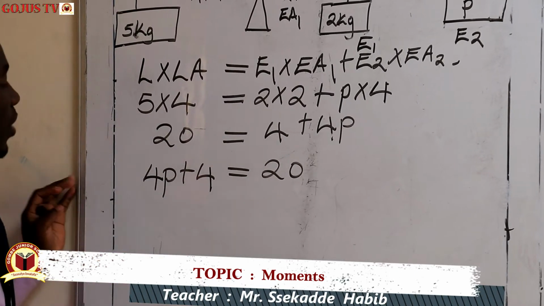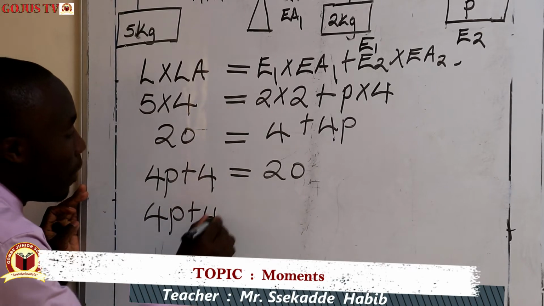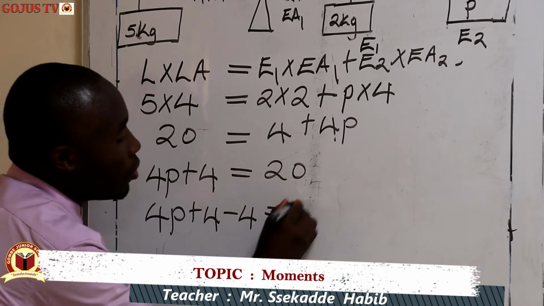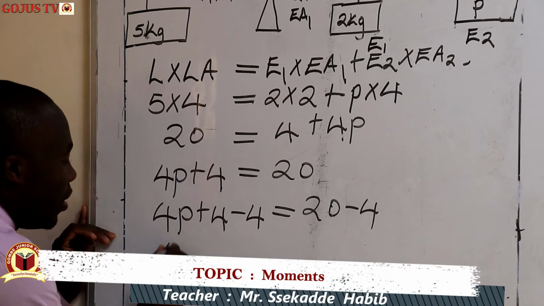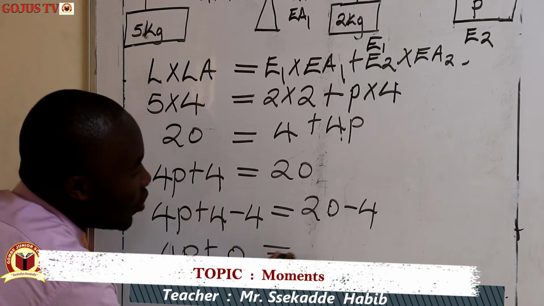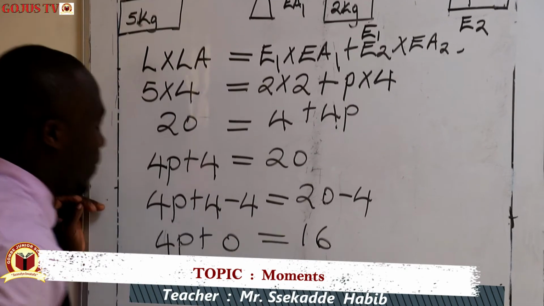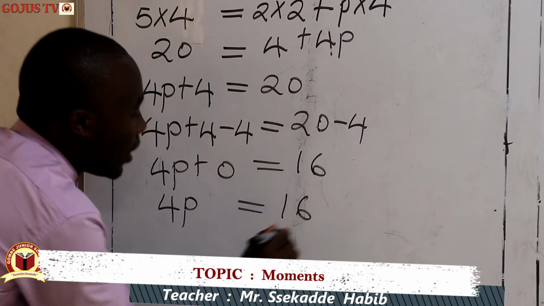And this will give us 20. So we shall say 4P plus 4 minus 4 is equal to 20 minus 4. 4P, 4 minus 4 will give us a 0. And this will give us 16. So 4P will be equal to 16.